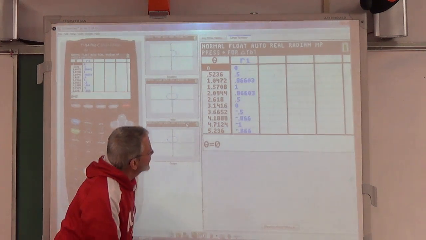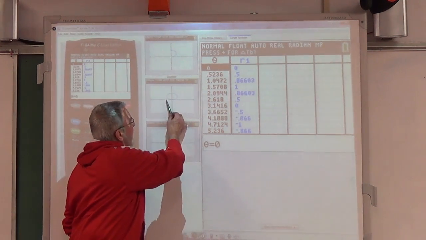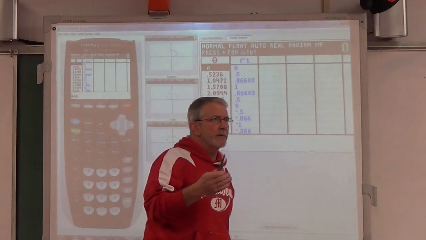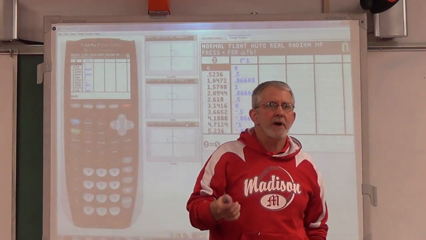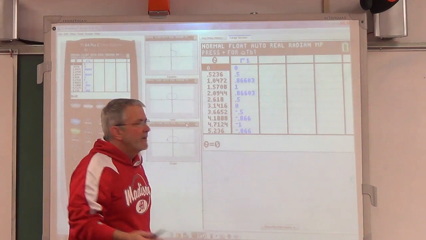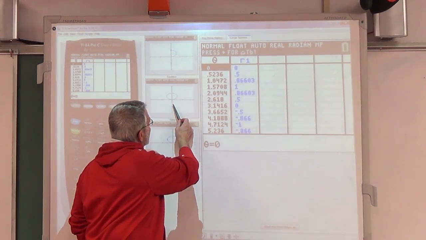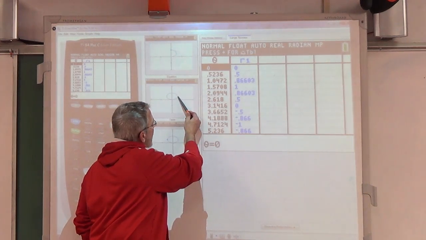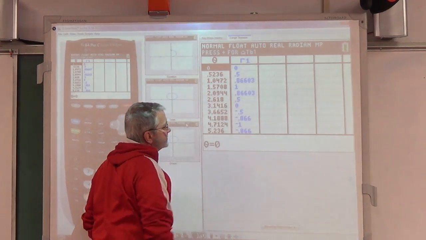Although it does only take one rotation, from 0 to pi, to graph the entire graph, that's not really the entire picture. The entire picture from 0 to 2 pi is that it has to go around twice. As soon as it goes past pi, the r's begin to be negative.